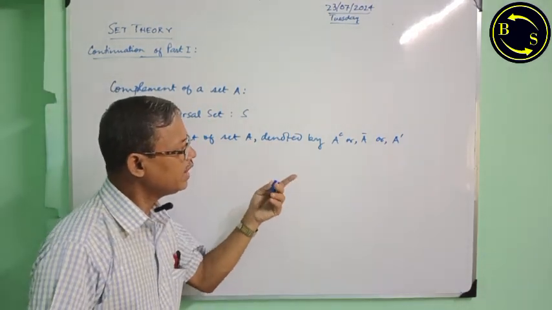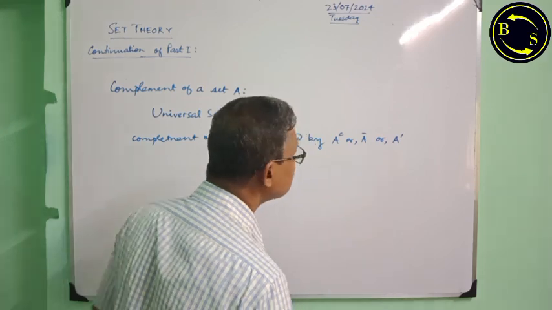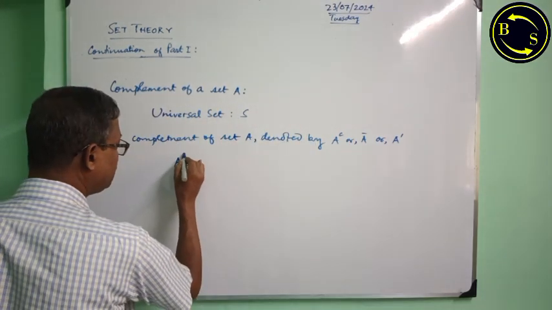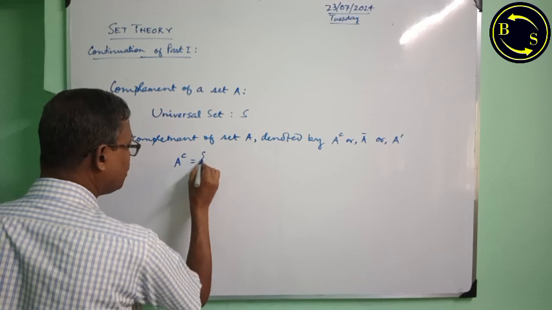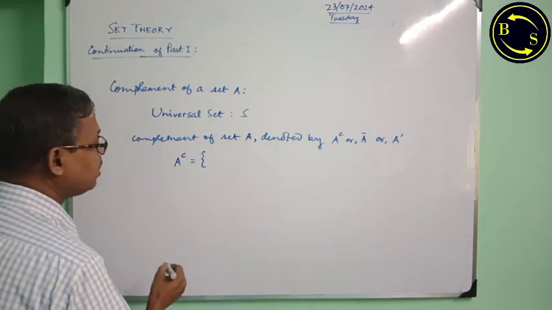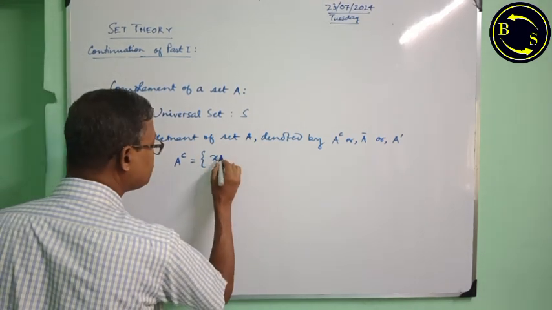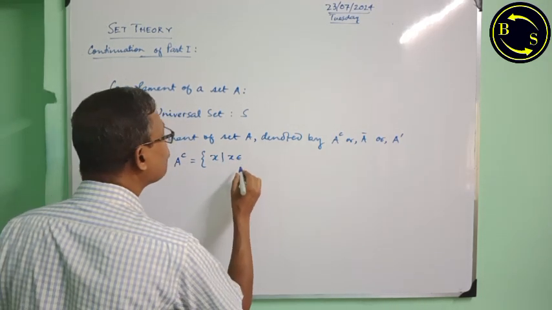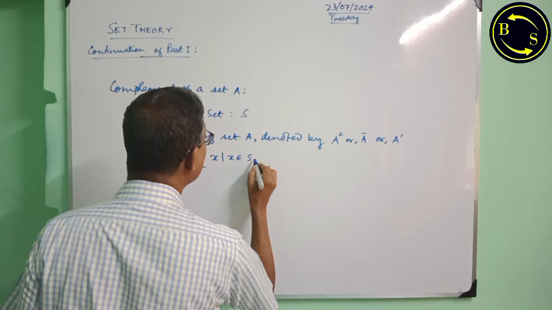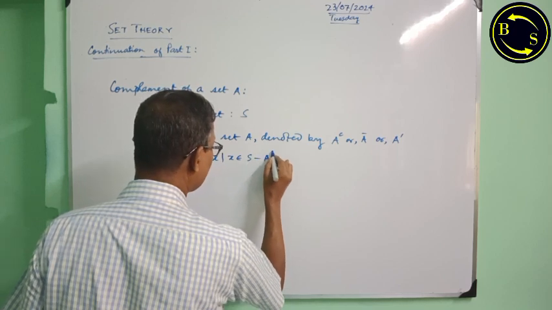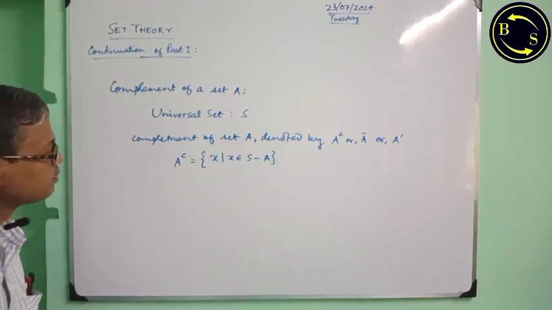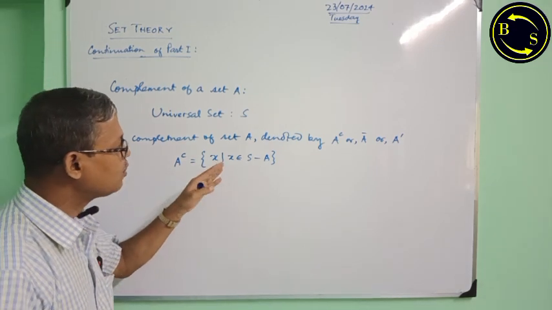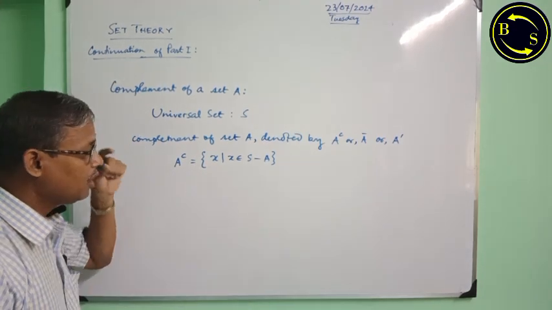Complement of a set A has three symbols, and we define that is a set having elements x such that x belongs to S minus A. That means a set of elements which are not belonging to A.